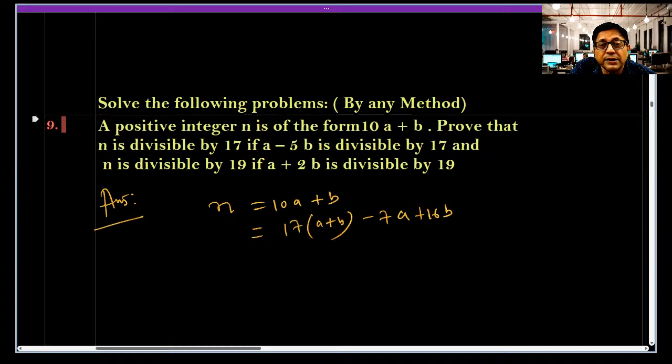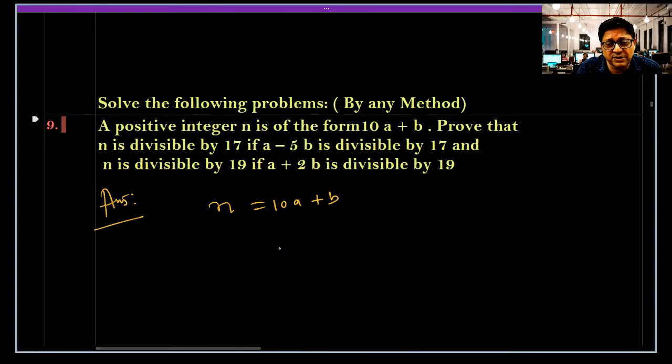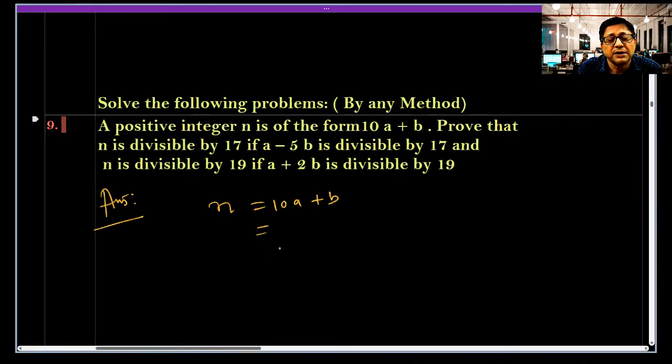Similar is the sum here: n is divisible by 19 if a plus 2b is divisible by 19. But how to prove that a minus 5b is divisible by 17? No theorem will work. First, let me tell you clearly.